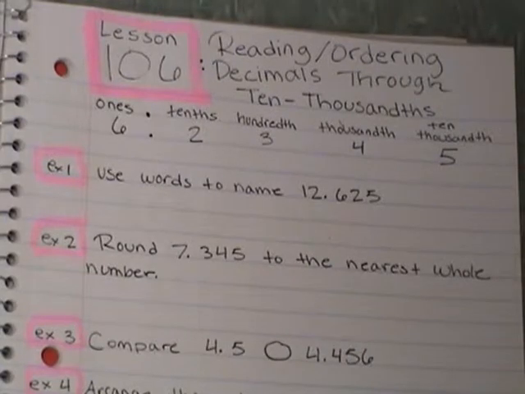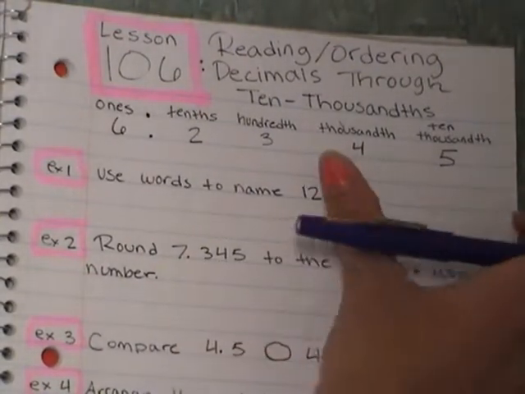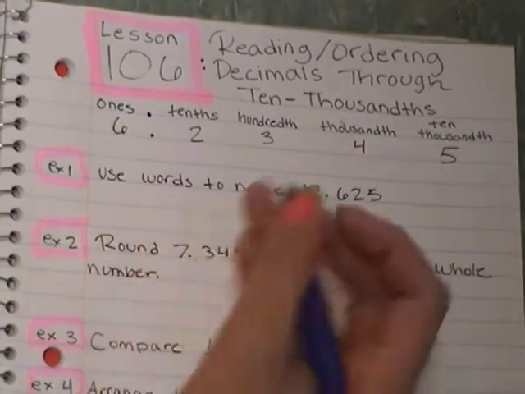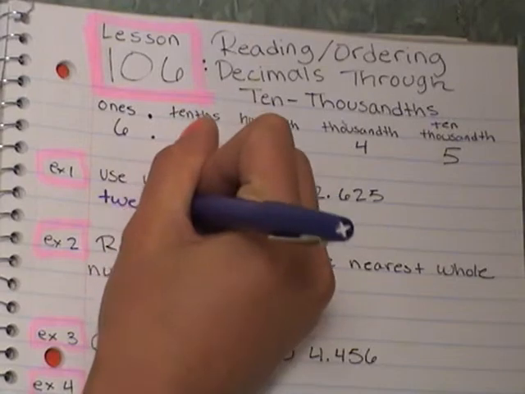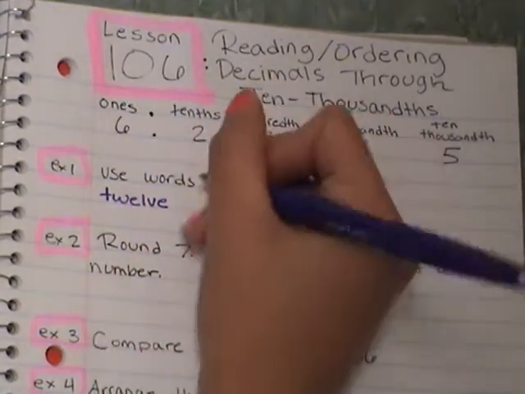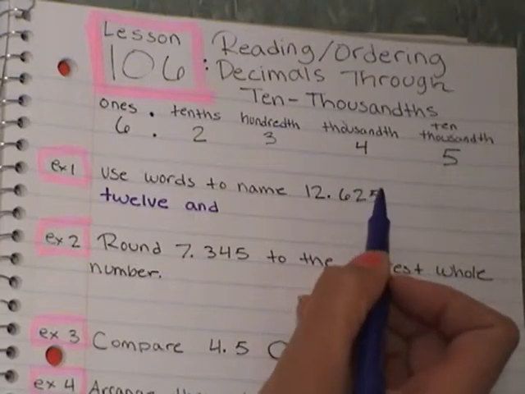So first I need to name the front chunk before the decimal, which obviously we know as 12. Then I see the decimal point and I'm going to write the word "and." And now I need to name my decimal.